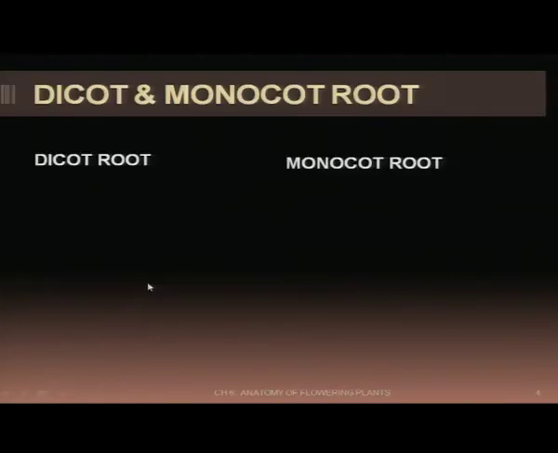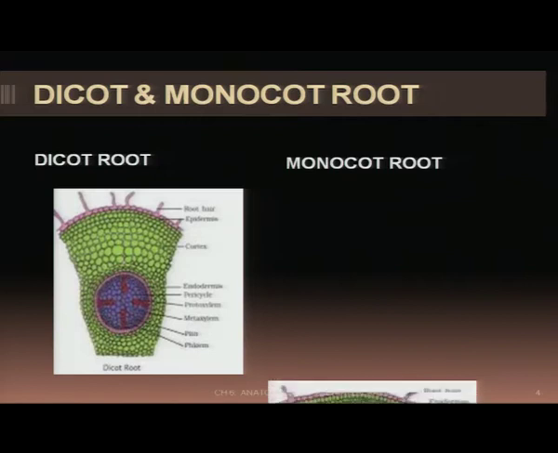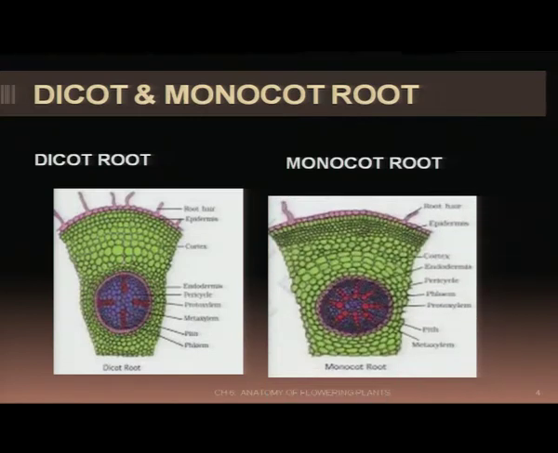Then we had studied in detail the anatomy of dicot and monocot roots, and we had learned to compare the two also. We had seen that there is not much difference between the anatomy of the two, except for a few points like the monocot root is polyarch with 6 or more than 6 vascular bundles here, and the pith is well developed as compared to dicot root where 2 to 4 vascular bundles are present only.